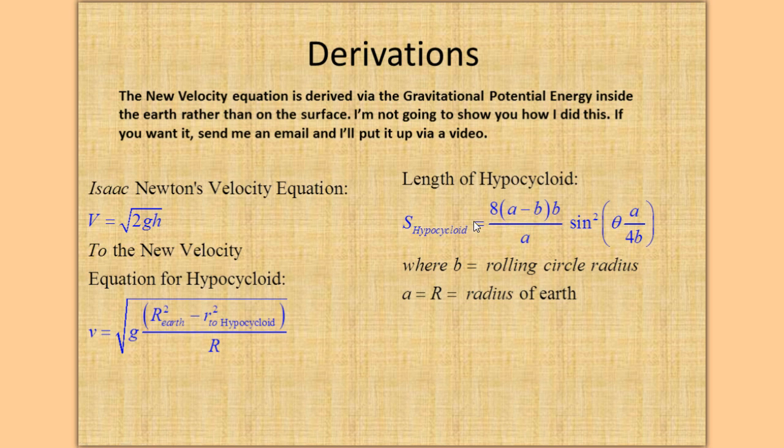This is a very special equation, and I've derived it. You'll probably find this on the internet, but the special part is right here. This part, the sine squared theta group, defines the cusp of the hypocycloid, and I'm going to show you what that is.